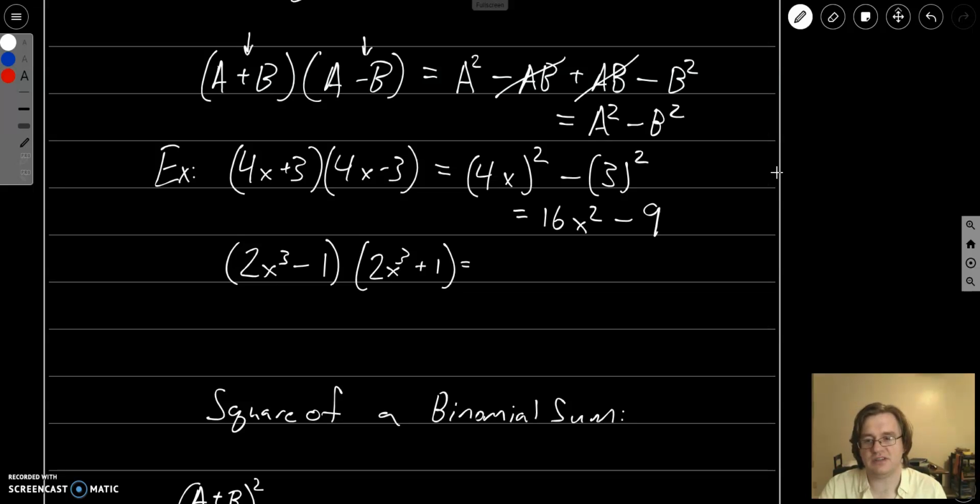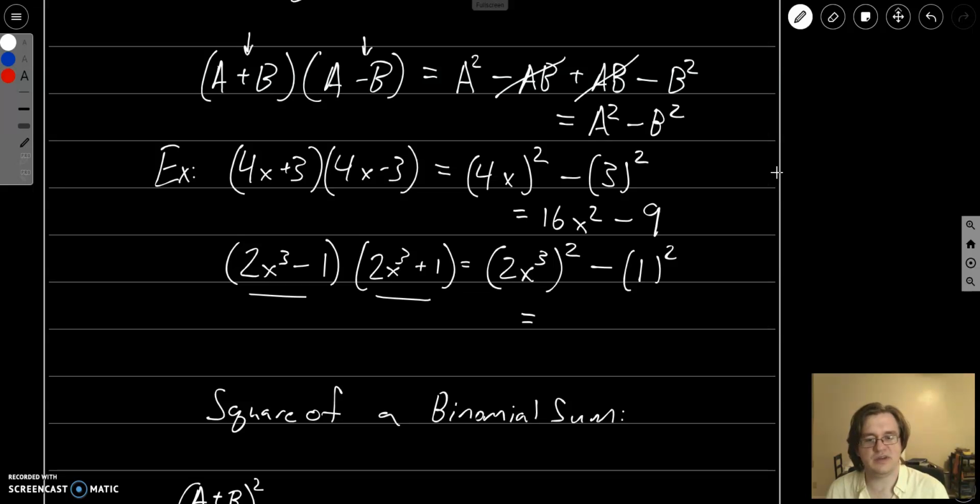Here, I've done the subtraction binomial first before the addition one, but it doesn't matter because the order in which we multiply numbers doesn't matter. So again, I will square that first term, and then I will subtract the square of the second term.